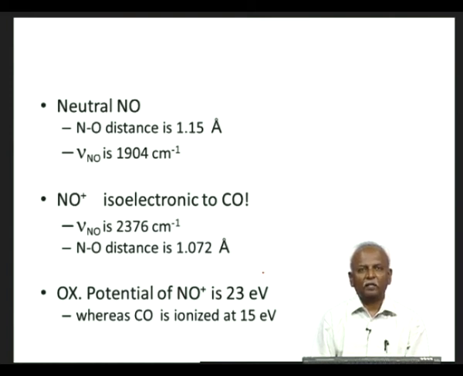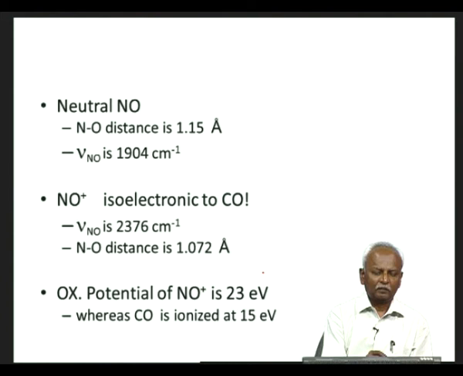So, that elongates the nitrogen oxygen distance to 1.15 angstroms, and the stretching frequency of the nitrogen oxygen bond is around 1904 centimeter minus 1. This stretching frequency changes significantly when you oxidize the NO to give you NO plus.